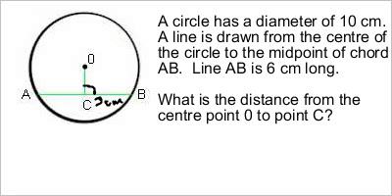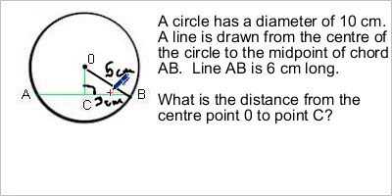So we could draw a radius from the center to this point over here, and that will be our radius. The diameter is 10, the radius is half of that, so that distance would be 5 centimeters.